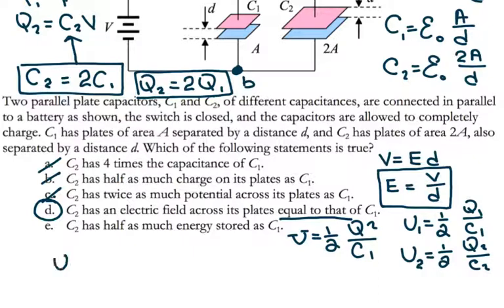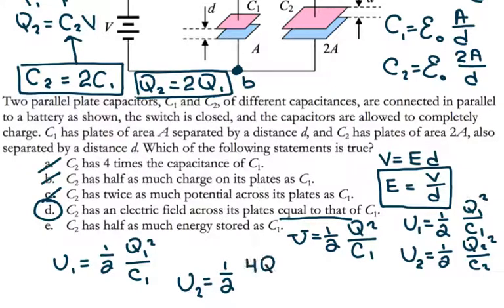If I plug in my numbers, Q2 is twice Q1, so squared gives me 4 times Q1 squared, divided by C2, which is twice C1.